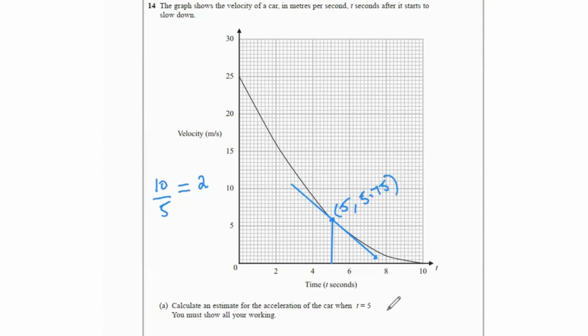And this point is 1, 2, 3, 4, 5. That's 7, 2, 4, 7.4. And y is 1.75. 0.75 actually.